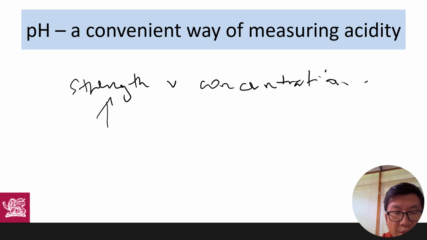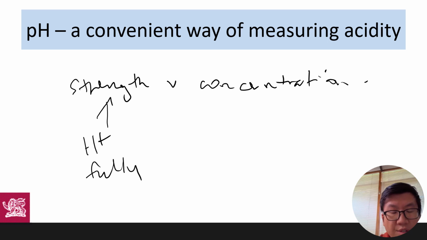Strength is talking about how well an acid dissociates its protons or its hydrogen ions, and a strong acid has the ability to fully dissociate. The word is opposite to associate.